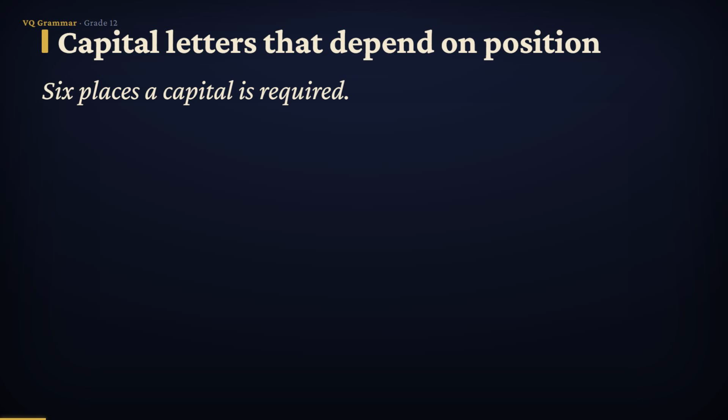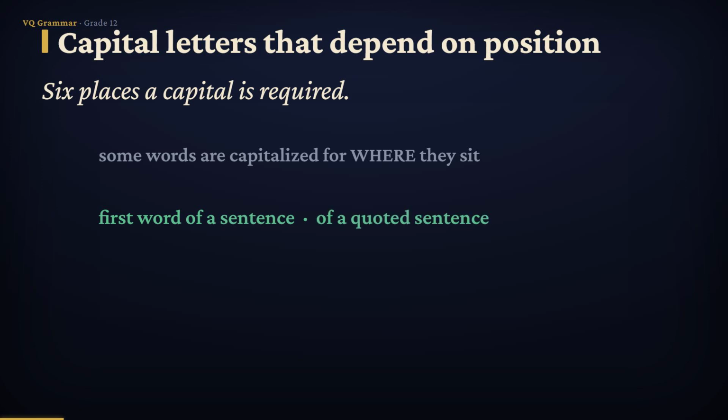Here's the map for today. Most capital letters in English come from what a word is: a name, a title, a place. But a whole group of capitals come from something simpler: where the word sits. We'll cover 6 of them. The first word of a sentence gets a capital, and so does the first word of a sentence somebody quotes.